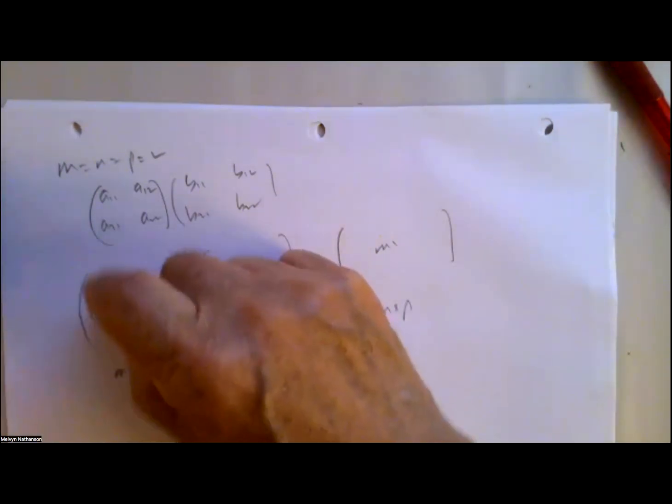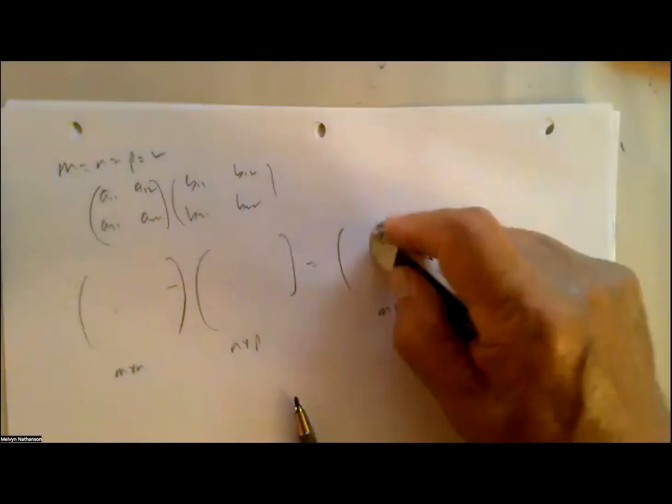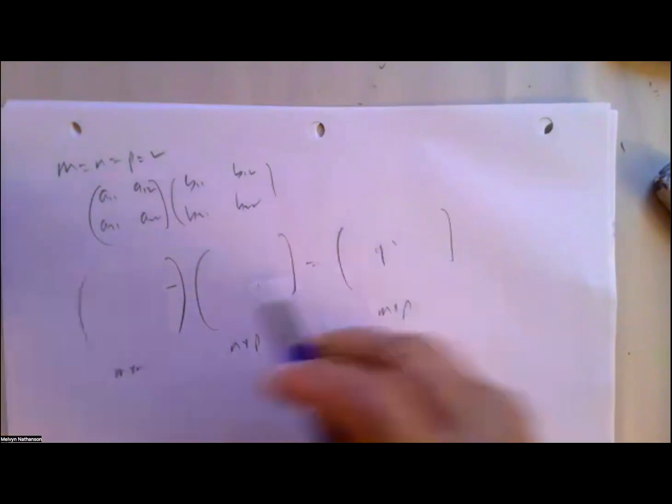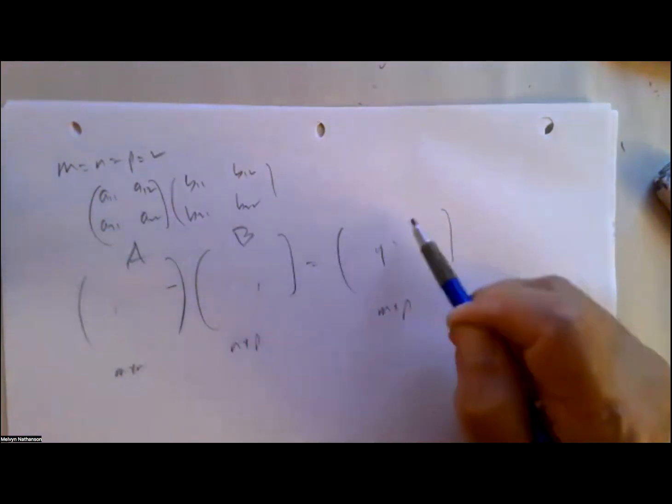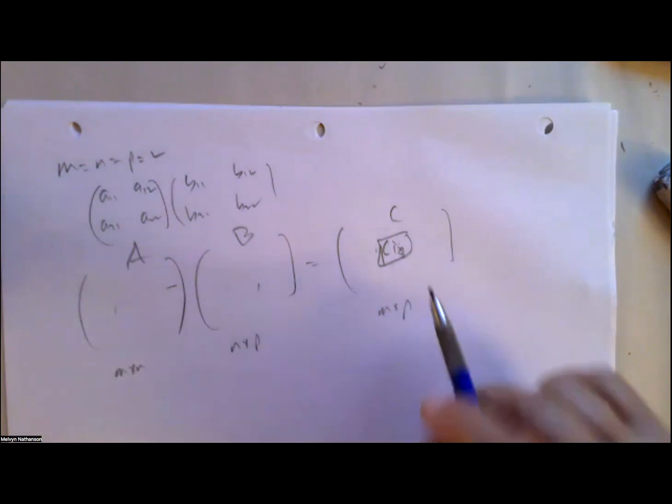It's almost as if the N's cancel. And in this matrix, let's call this A, B, C. What is the ijth component of this matrix?